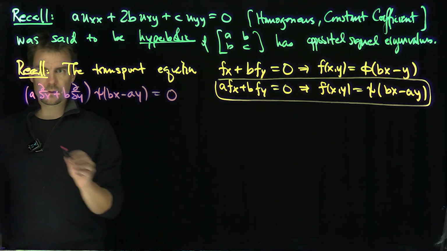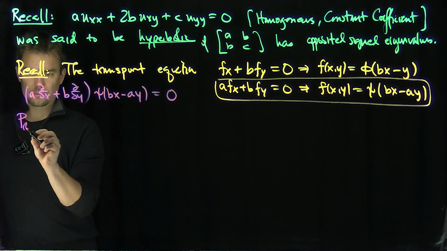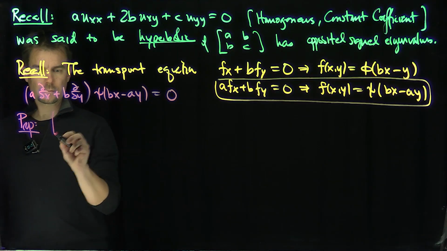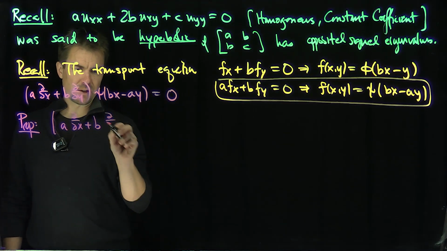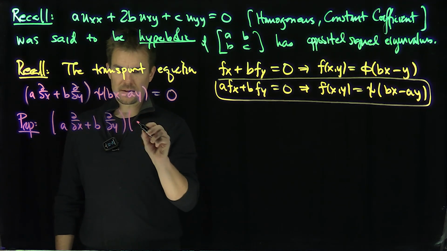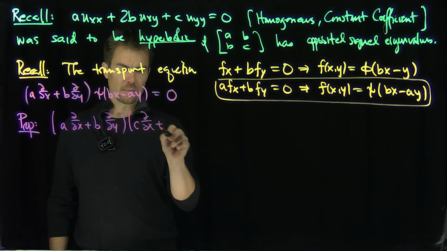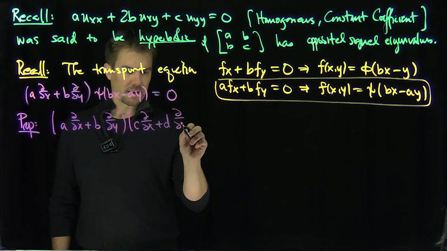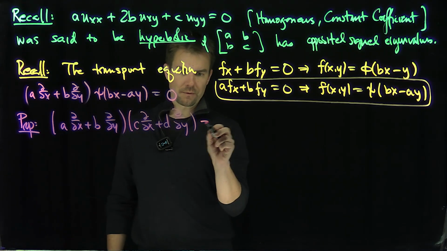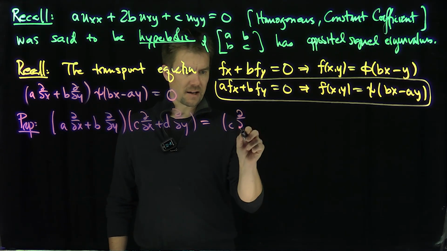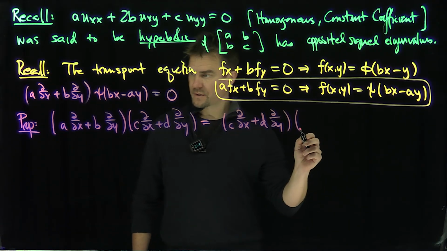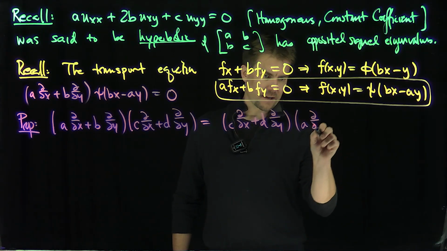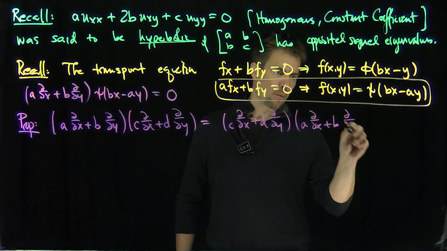So now note, here's a remark or a proposition. A d/dx plus b d/dy, and then c d/dx plus d d/dy, is equal to c d/dx plus d d/dy times a d/dx plus b d/dy.